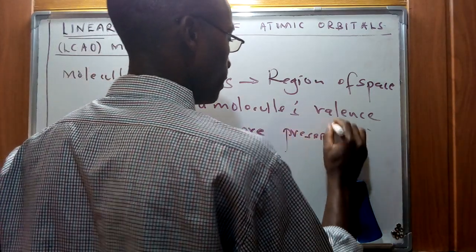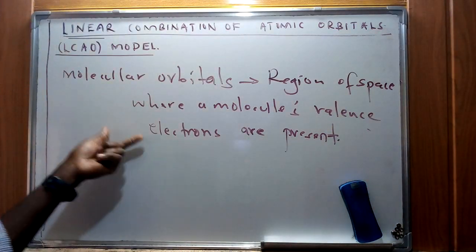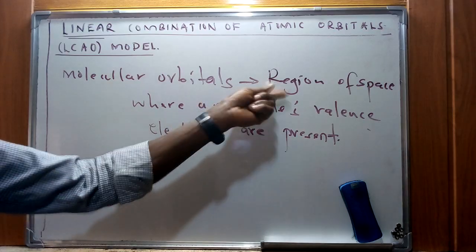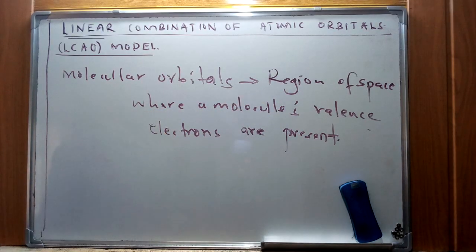So just as this is analogous to the definition of an atomic orbital, a molecular orbital is also a region in space where there is a possibility of finding the valence electrons of a molecule.